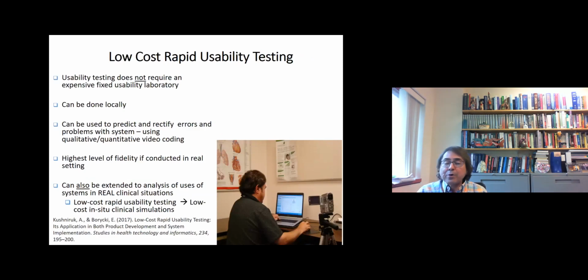So what I'm a proponent of, I call low-cost rapid usability testing. And the argument is, and we'll see the whole range, that usability testing doesn't necessarily require an expensive laboratory. It can be done locally within your own healthcare organization. I won't get into it, but I think last time we mentioned usability standards and conformance testing in the US for products.